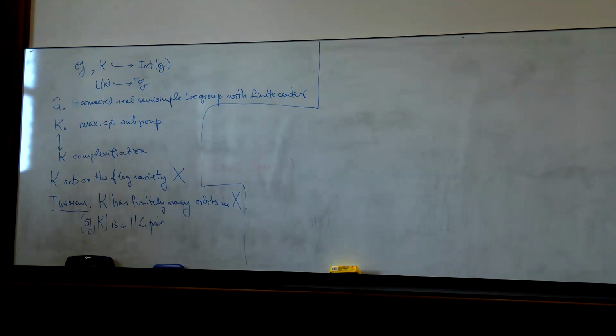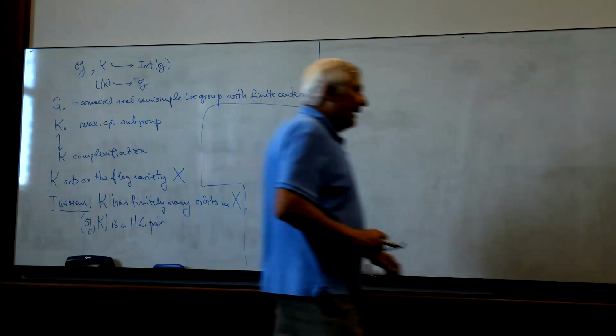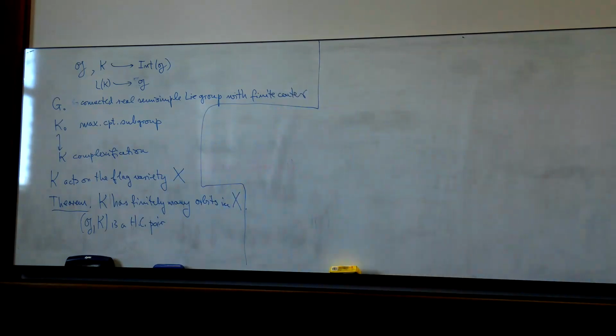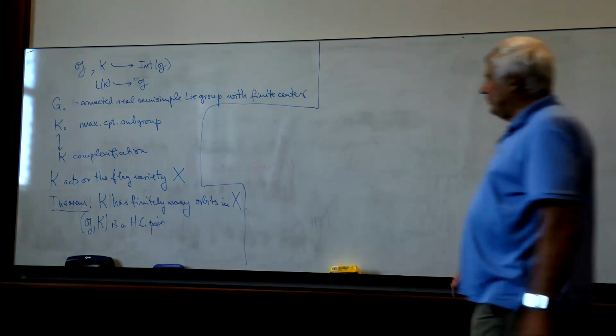There are several people who claim that they proved this, but Langlands claimed, I knew this in the early 50s. So this is something classical, but I don't know the proof. I will explain this classical proof, and you will see it's very simple because it basically follows from Bruhat.